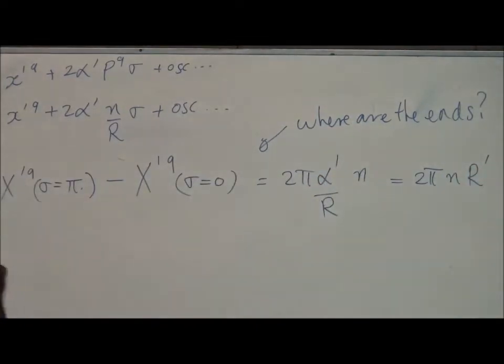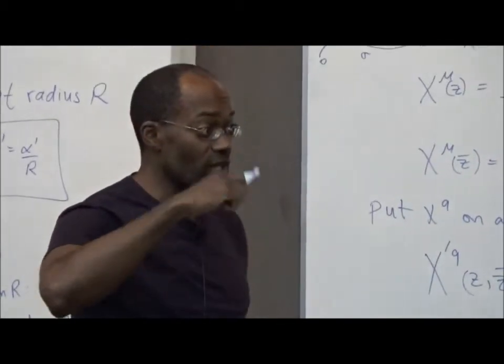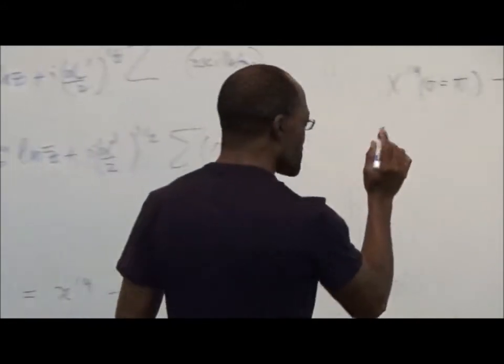So how do I read that? I read that formula as the following. The endpoints of the string in the 9th direction are in the same place. Because remember, x9 is periodic. It's a circle of radius r prime. So 2 pi r prime or n times 2 pi r prime are all the same place. So I've discovered that they're in the same place, which is interesting.